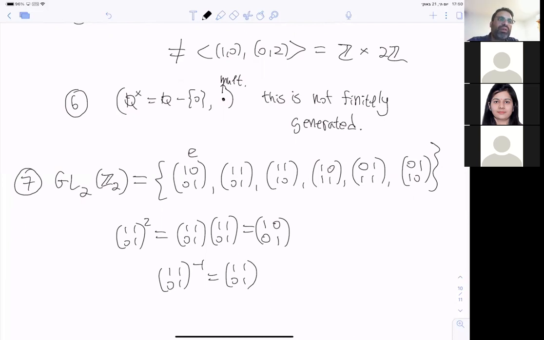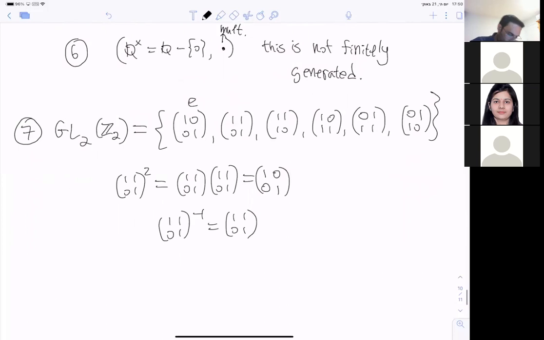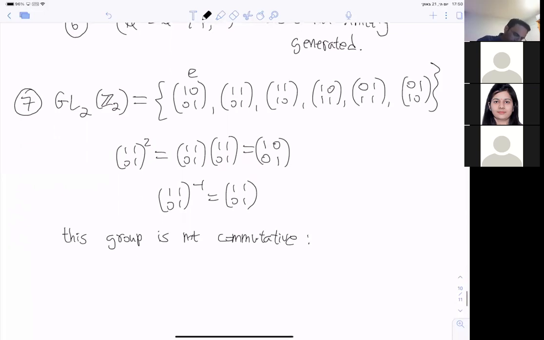But this group is not commutative. For example, if we take this element multiplied with this one, we will get what? 1 and 1 is 0. 1 and 0 is 1.